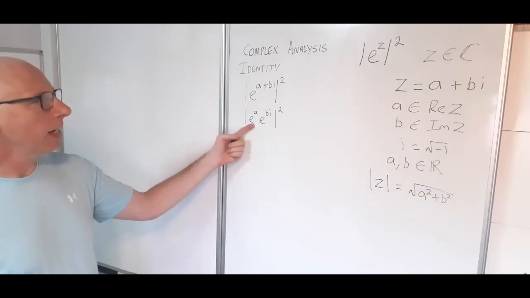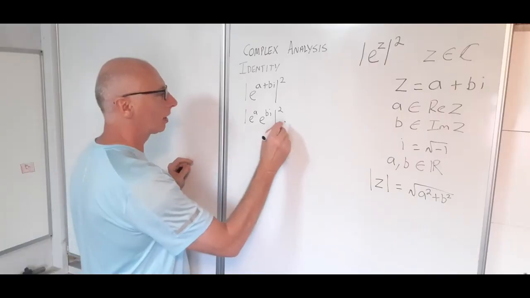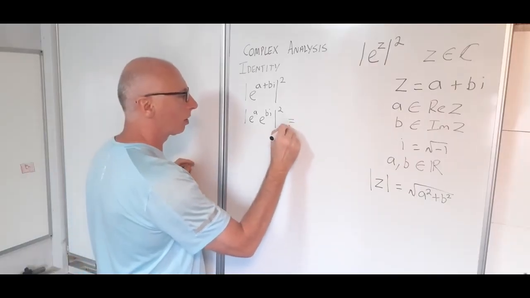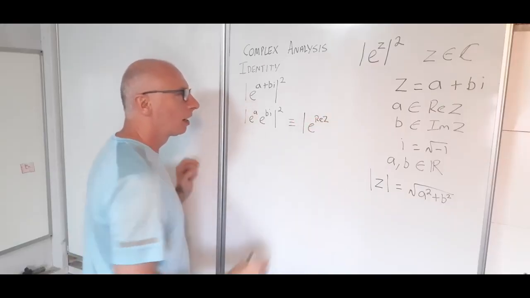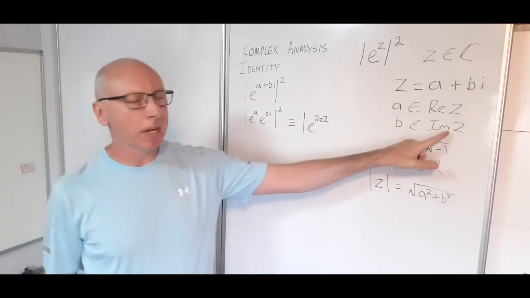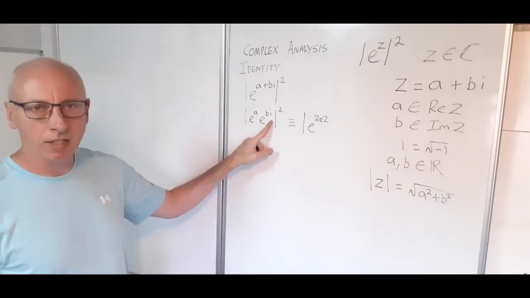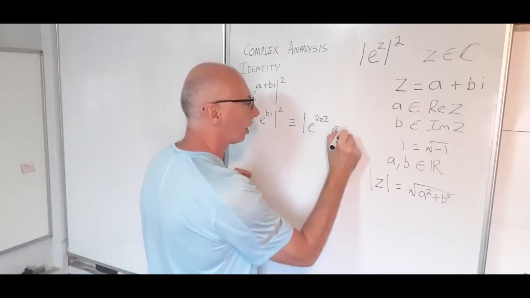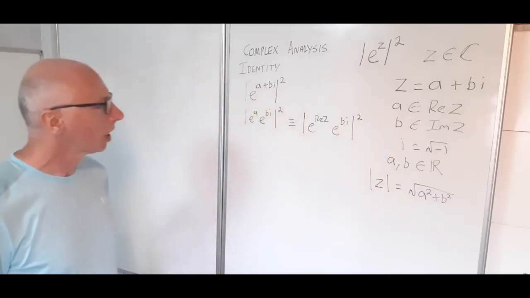Now e to the a, where a is the real part of z, so let's write it in terms of that. So this is equivalent to e to the real part of z, and bi, that is the imaginary part of z, b, but with the constant there. So I'm going to leave that as e to the bi. So that is what we can rewrite that as.